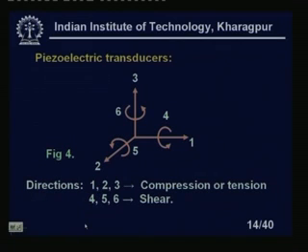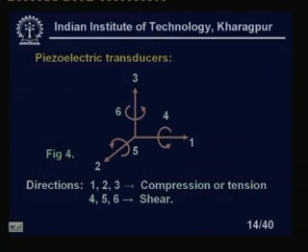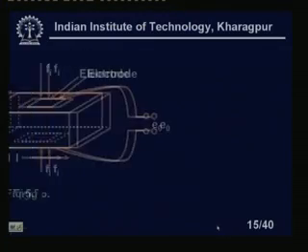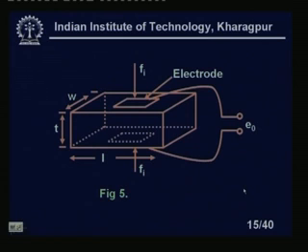So, directions 1, 2, 3 are the compressions or tension; either a compressive force or a tensile force, in both cases you will get a piezoelectric effect, and 4, 5, 6 are the shear stresses on the piezoelectric crystals, right. Now, you see this is the typical schematic of the piezoelectric crystals as it looks. I can take the axes like this: this is the x axis, this is the y axis, this is the z axis, or this is 1, 2, 3 as it happened here.